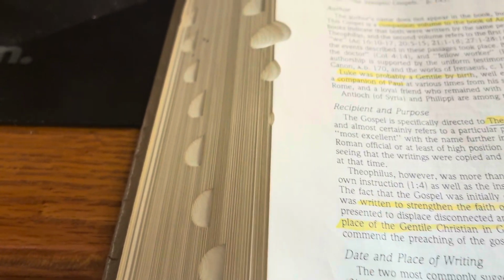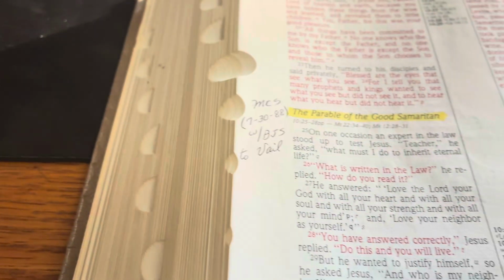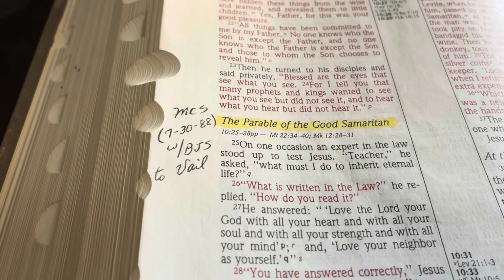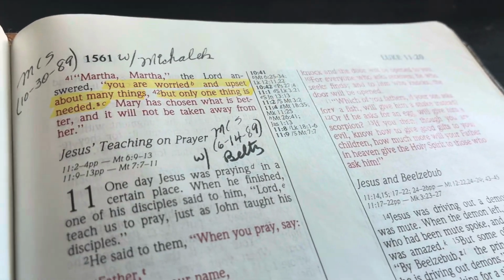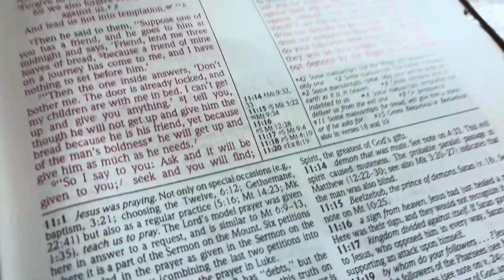Let's see if I can find any more interesting notes in here. There's one, let's see. Skip back a little bit. I was gonna show you that one, but it's like a name. So most of them are like either names or dates when he preached.